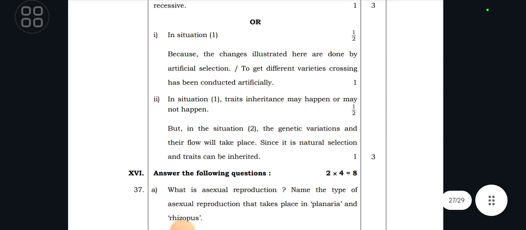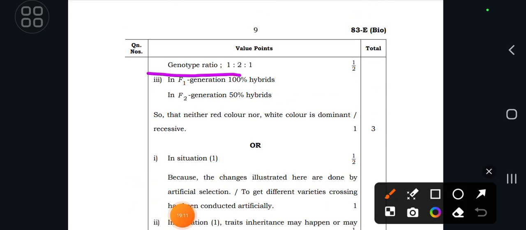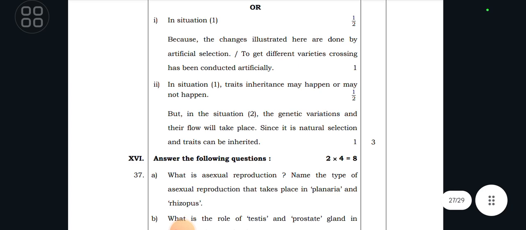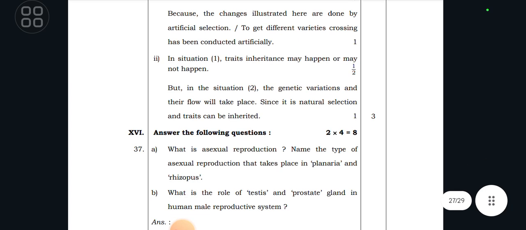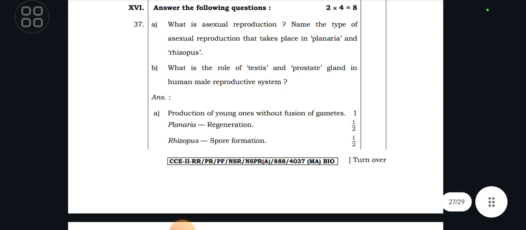You should know all these points, because if you miss these and do not write the genotype, you will lose half marks over here. It will be a loss of marks due to silly mistakes. So you should avoid all these silly mistakes and score better. These are 4 marks for one question.